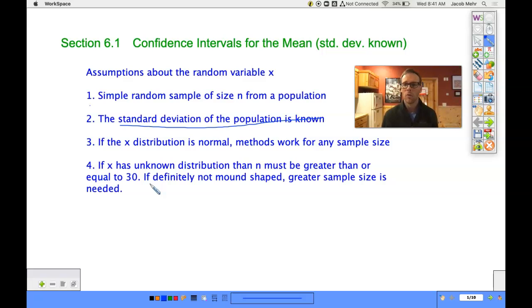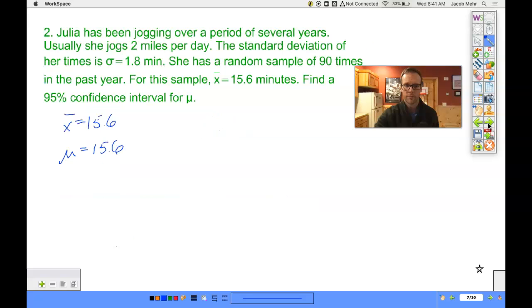All right? So we've met the criteria. It's a random sample. Population standard deviation is known, and we have a sample size of at least 30. All right. So we are doing a what percent confidence interval? 95% confidence interval.